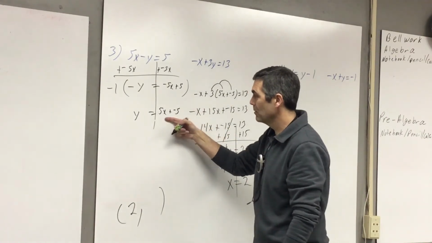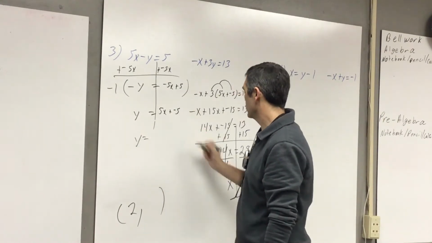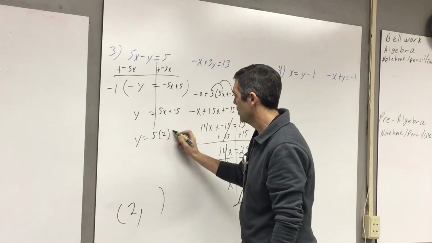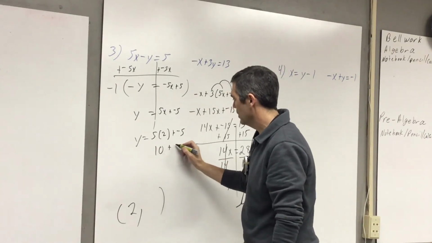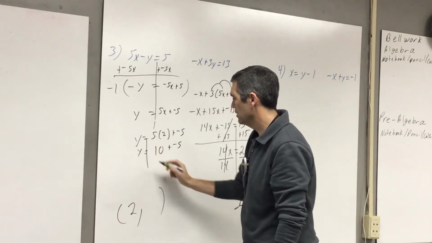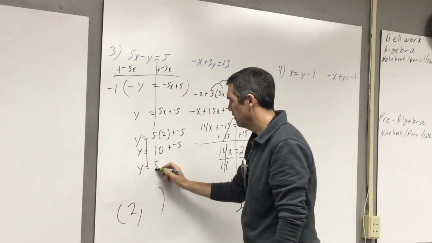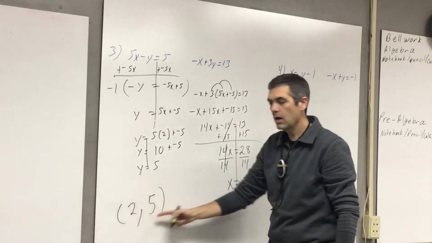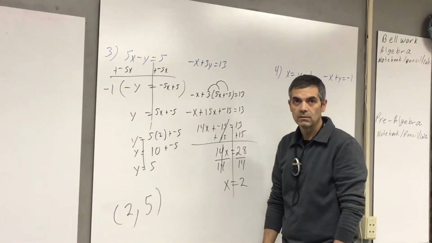But that's what I'm going to do because this is going to give me the easier answer, right? y equals 2 times 5, so 5 times 2 is 10, plus negative 5, y equals 10 plus negative 5, y equals 5. So where these two lines cross is at 2, 5, and now we have the solution for these, okay?